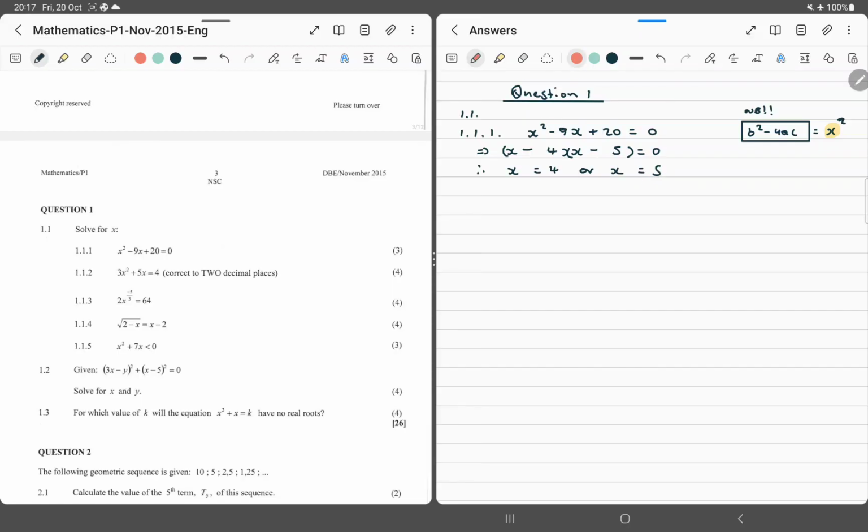Now, please check these solutions against the original equation, in case we made a mistake with some sign somewhere. If you put a 4 in there, we get a 0, so this is a solution, and that is also a solution. The factorization is the extra mark.